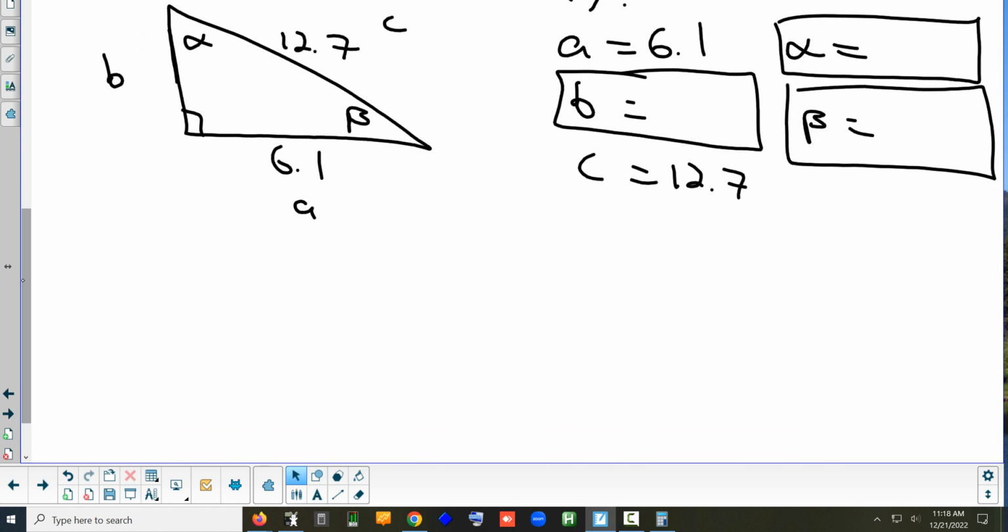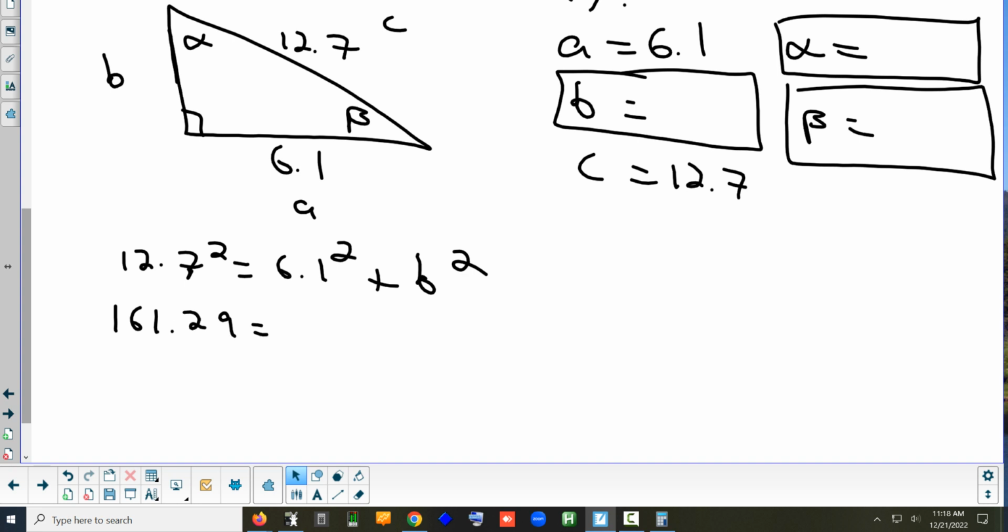Now, once I get B, I don't want to use B for anything. I just want to find it and be done. So 12.7 squared equals 6.1 squared plus B squared. What's 12.7 squared? 161.29. And 6.1 squared? 37.21.